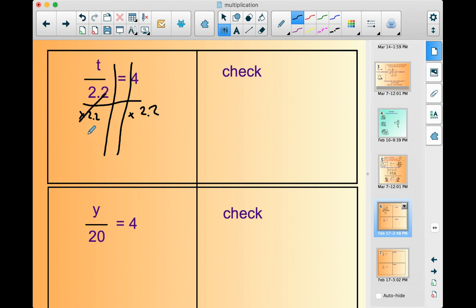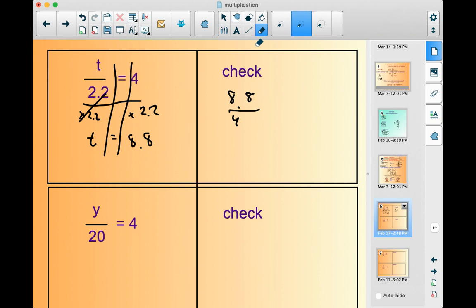That'll cancel that out and get t by itself. 4 times 2.2 is 8.8. And to check that out, I do 8.8 divided by 2.2, just replacing the t with the number I found it's equal to. If I do that division, I do get 4, which is what it says I should get.